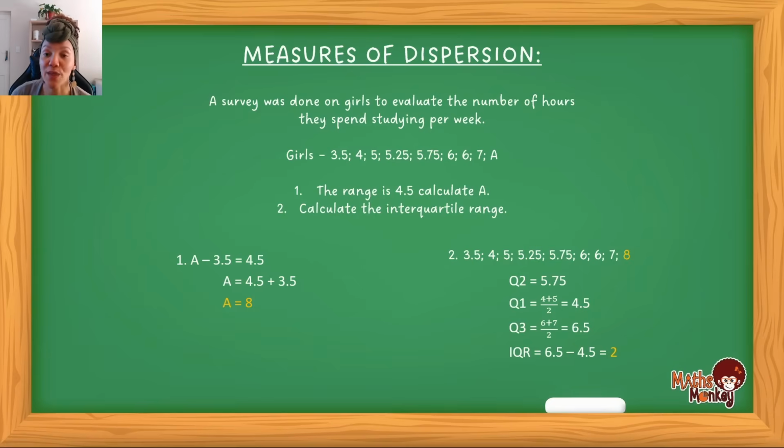So that is how you will approach measures of dispersion. Remember, at the start I explained the whole process of data handling, and when it comes to interpreting data, that's where the calculations take place.